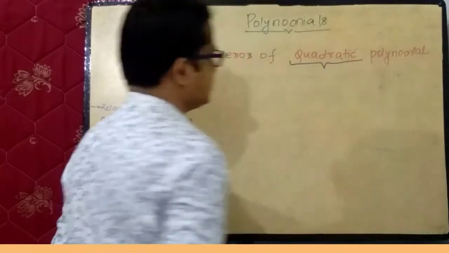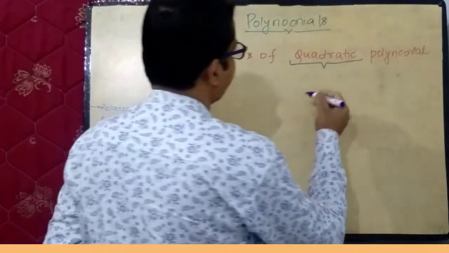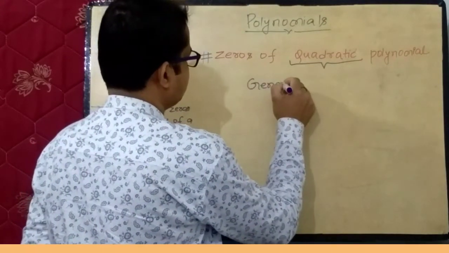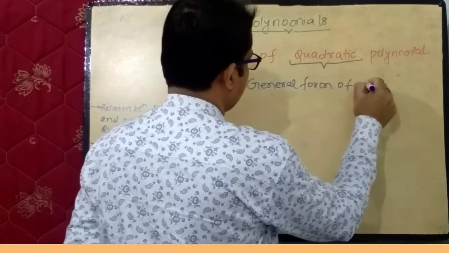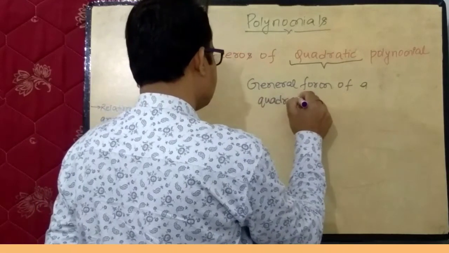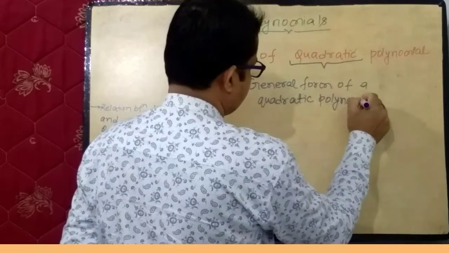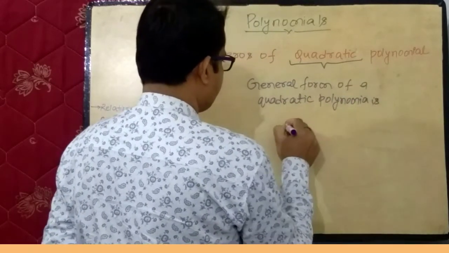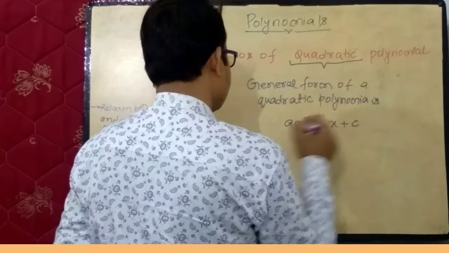In the previous lecture I discussed the general form of a quadratic polynomial, which is ax square add up bx add up c.